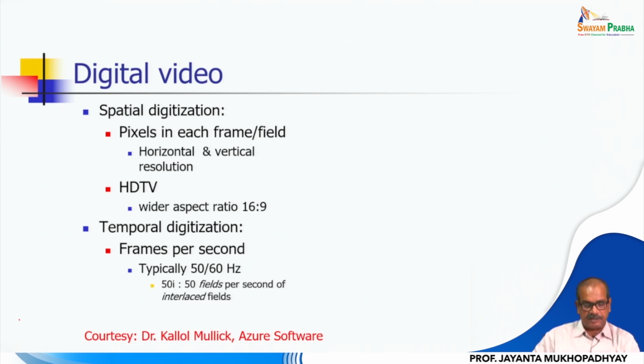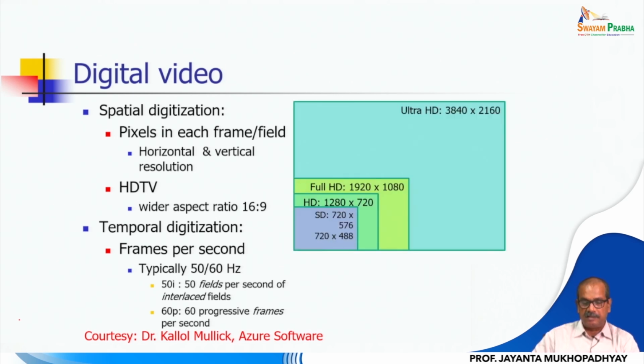So 50 fields per second of interlaced fields. If I say 50i, 50 interlaced fields per second means actually 25 frames per second. But 60 progressive frames per second, 60p, means actually 60 frames per second. So we can see that these two rates are different, and 60p is a much higher rate than 50i.